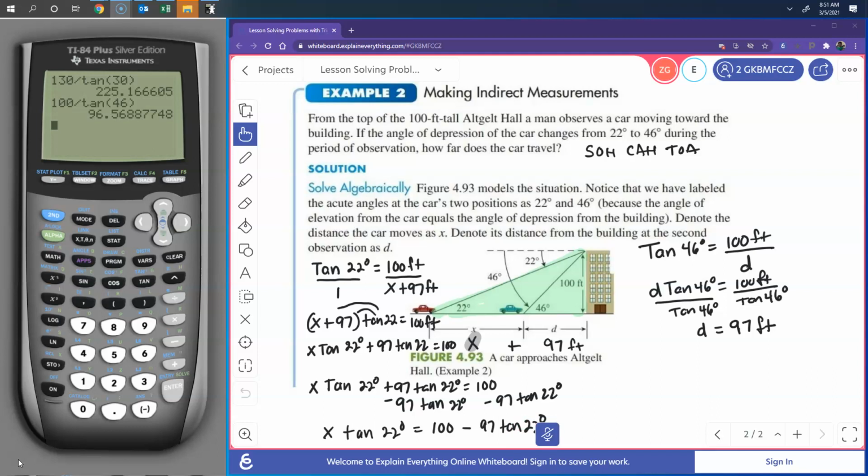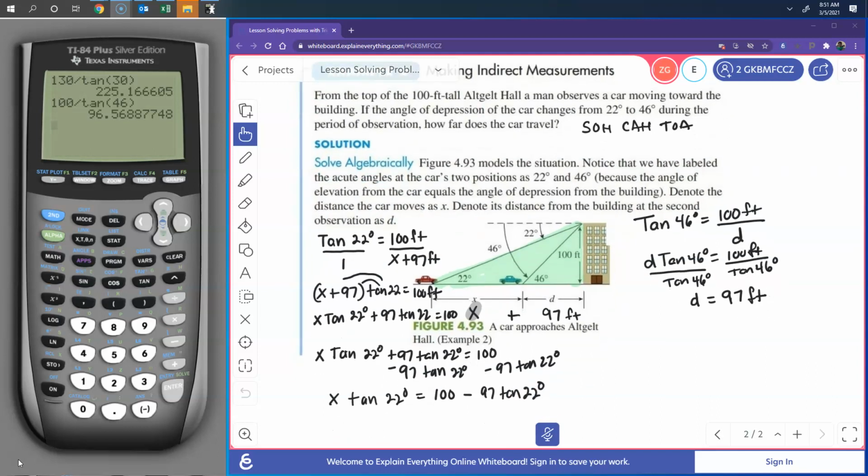And I'm going to go ahead and move it up just a tad. The last step will be to divide by the tangent of 22 degrees. But you're dividing the whole thing by the tangent of 22 degrees.